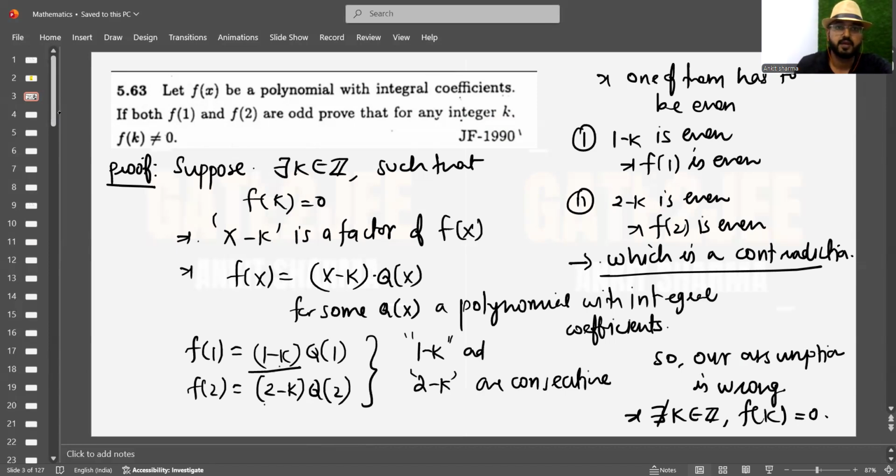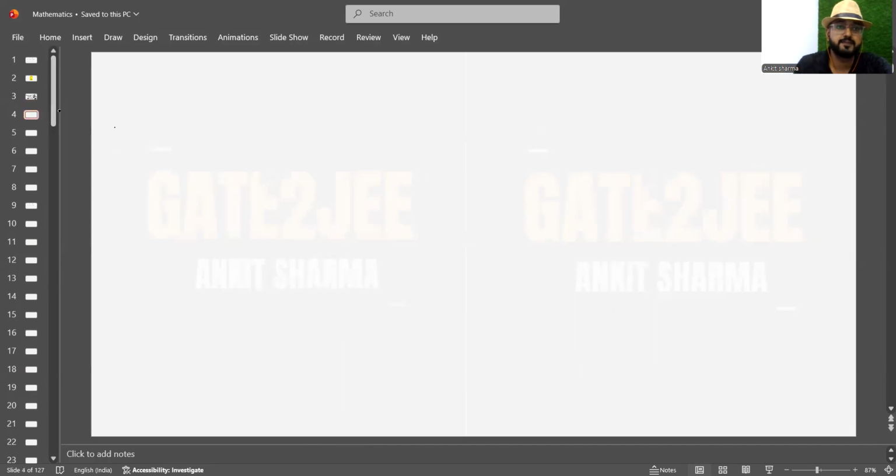Eventually, why? Because instead of 1 and 2, if I replace by some other numbers, if I just take two consecutive integers and do the same thing for, say, 3, 4, or 4, 5, or minus 1, minus 2, then the same results hold, basically. So we could actually give the general form.